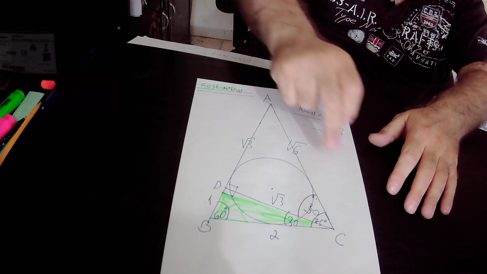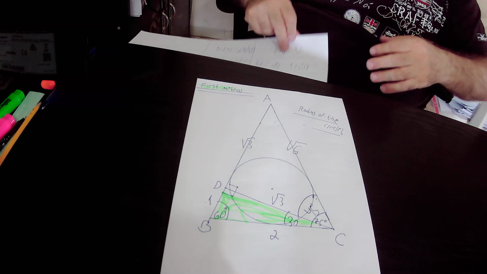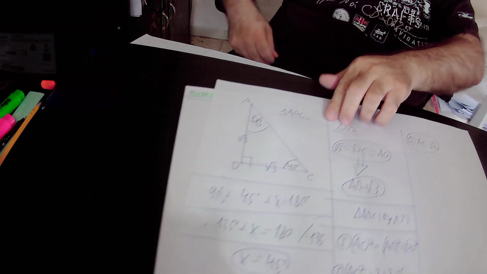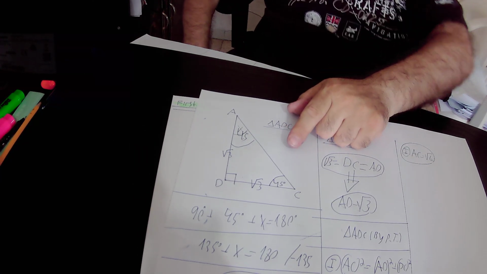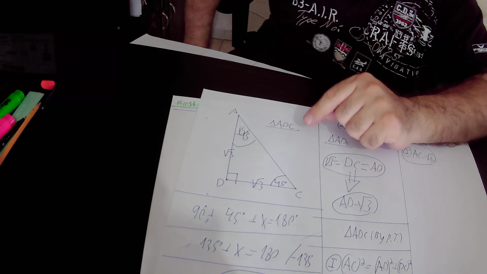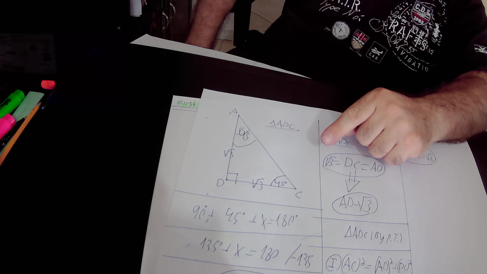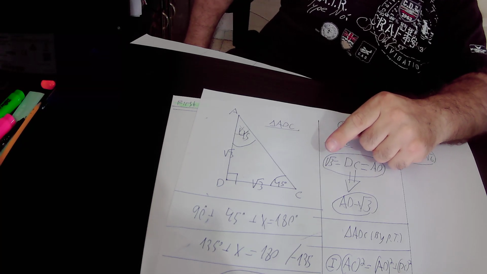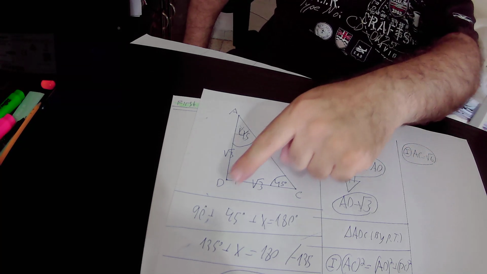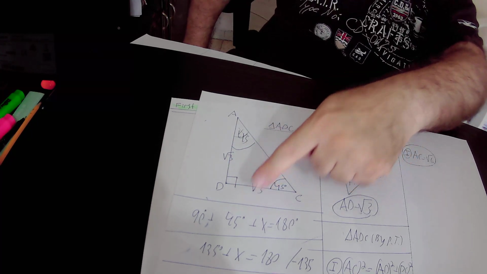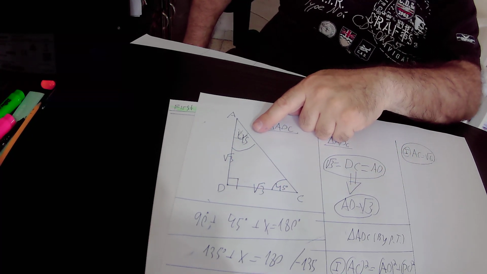Then I copied the right triangle ADC in the new page, and we analyze triangle ADC. The sum of the angles inside triangle ADC must be equal to 180 degrees. Which angles do we have here? This angle equals 90 degrees. This angle equals 45 degrees. This is the missing angle that we define as x.